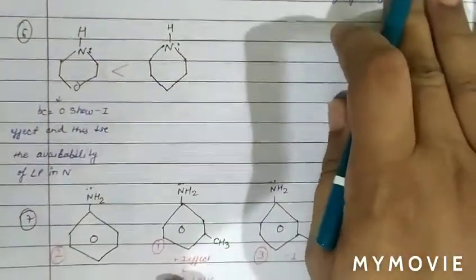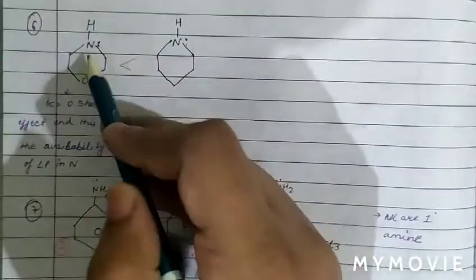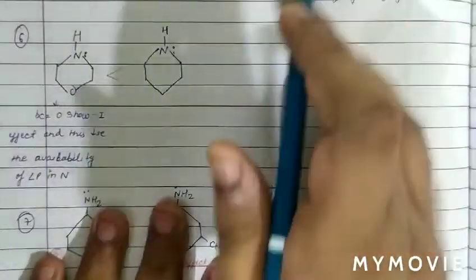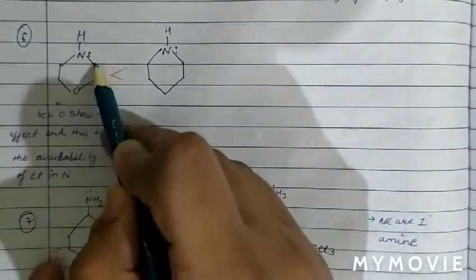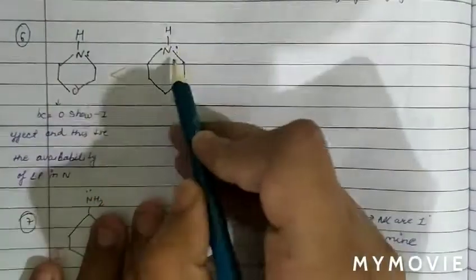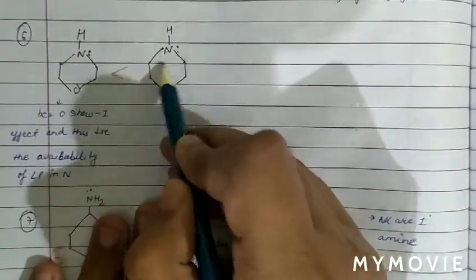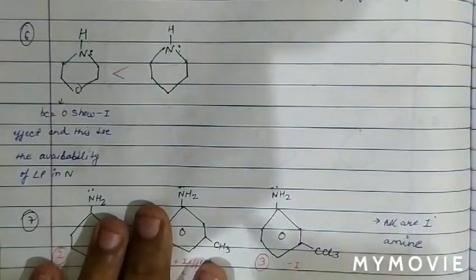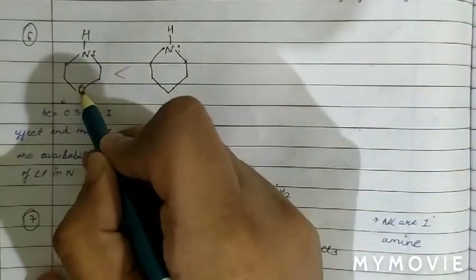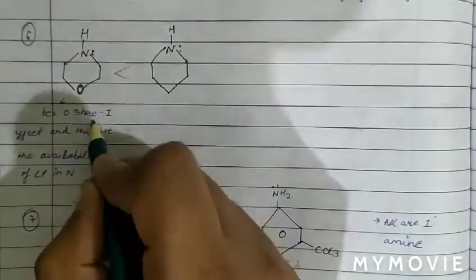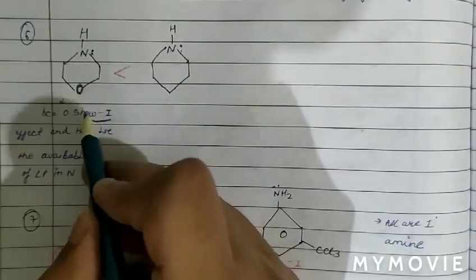Now see the next question. We have to compare the basic strength. On the nitrogen atom, we can see nitrogen is directly connected to 2 carbon atoms, so it is 2 degree. Here also nitrogen is directly connected to 2 carbons, so it is also 2 degree. But here an oxygen atom is attached, and oxygen shows a minus I effect.